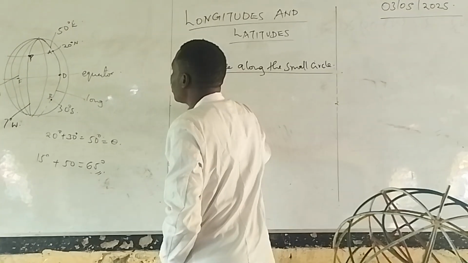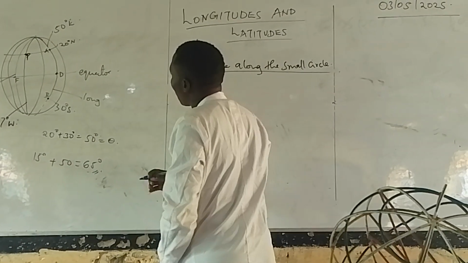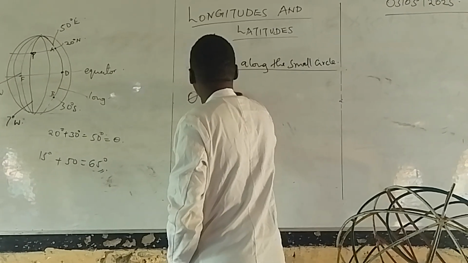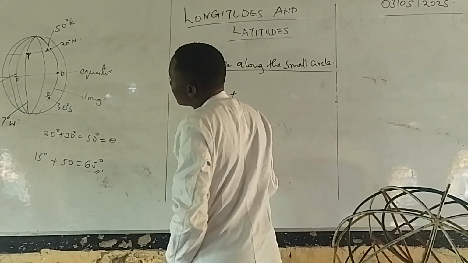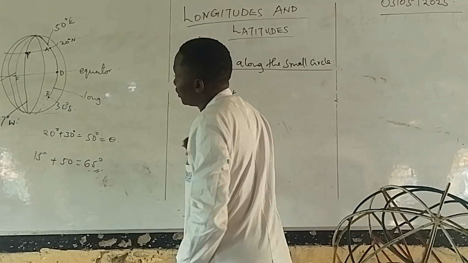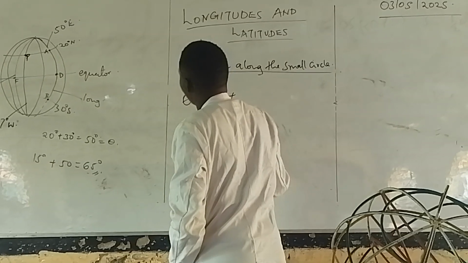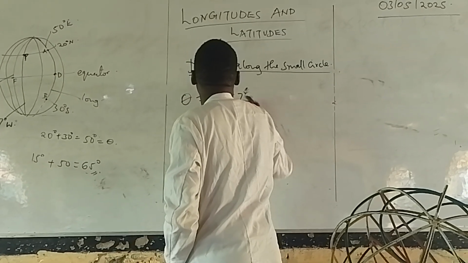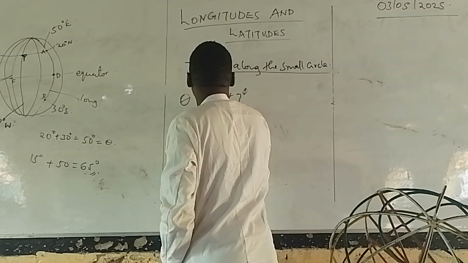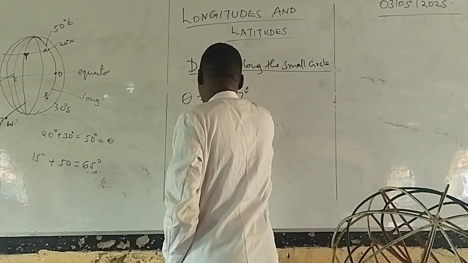So theta is 50 plus 7 degrees. It is therefore 57 degrees. That is the angle difference.